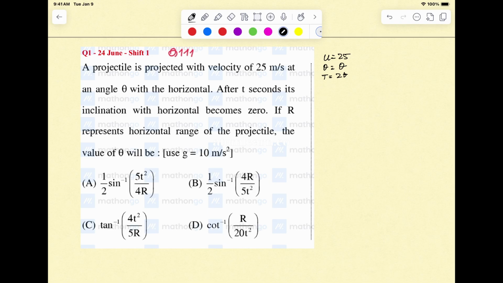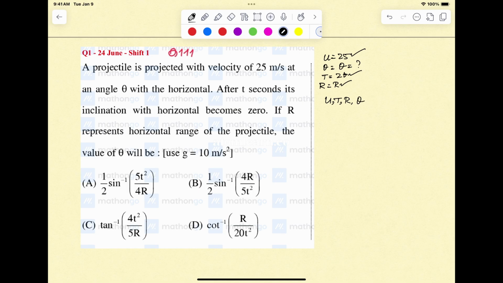Then R represents the range. What is asked is the theta value. Therefore, U is given, time of flight is given, and R is given. What is theta? What is the formula linking U, T and R?